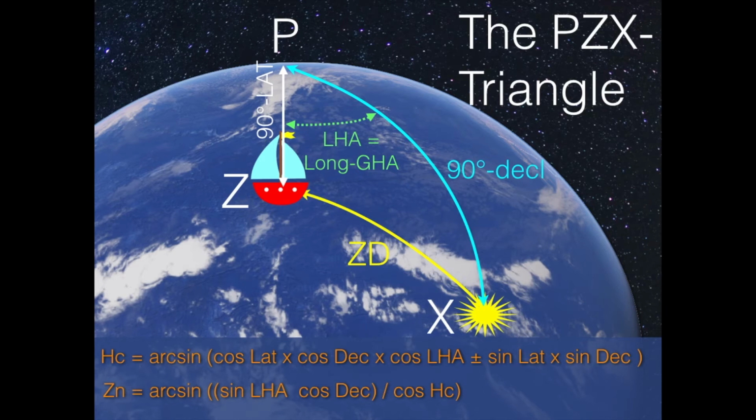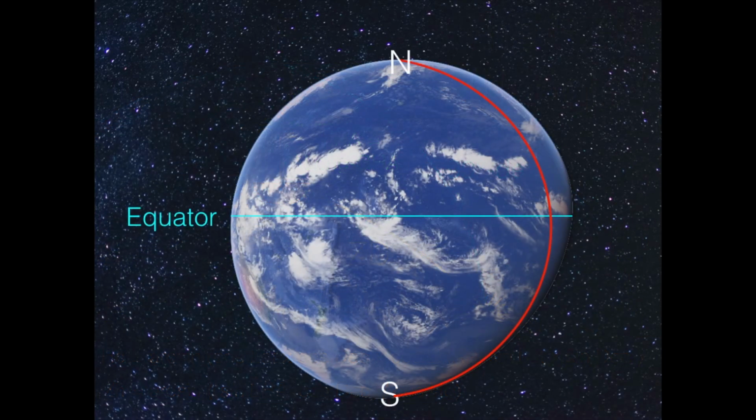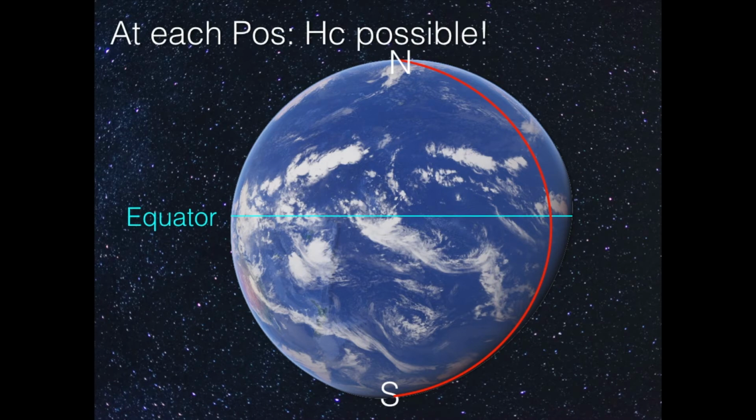Because if you can calculate it for this position that we have here, you could calculate it for every position, right? So at each position on the Earth, we could calculate an angle which we should be able to read off the sextant.